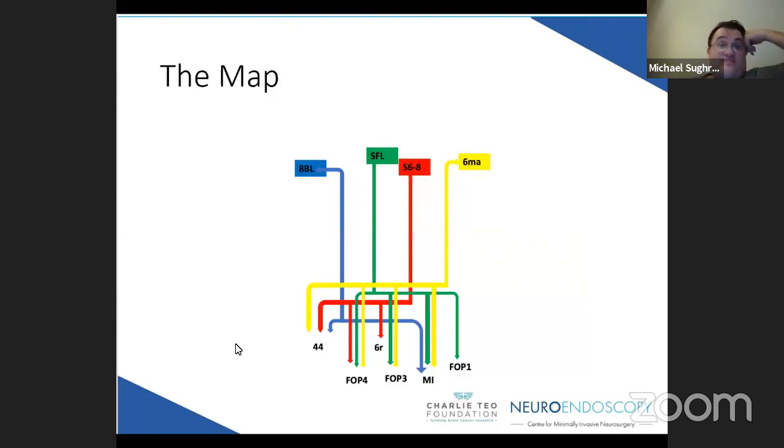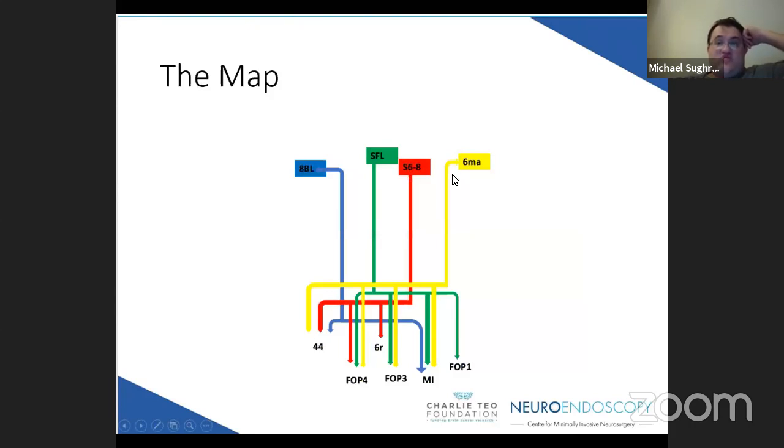We mapped this out, and one of the things that immediately struck us is, what is this connecting? I know everyone doesn't know the nomenclature, so let me run through it real quick. That green one is the superior frontal language area, and it's going to areas that are part of the canonical Broca's area. For example, FOP4 is the frontal operculum part 4, and it's joined up with area 44.